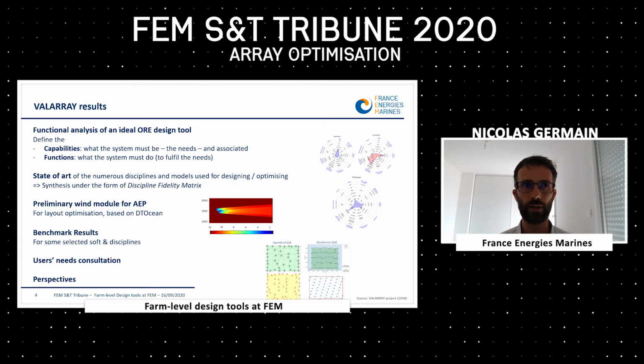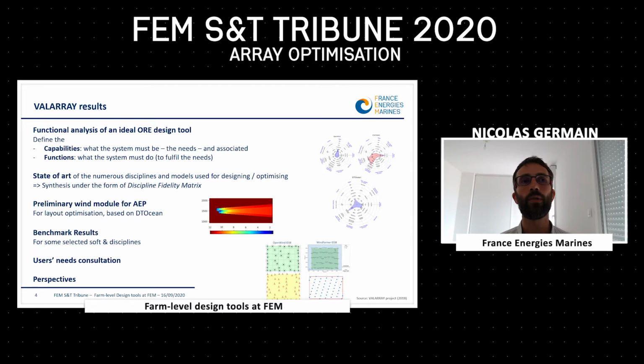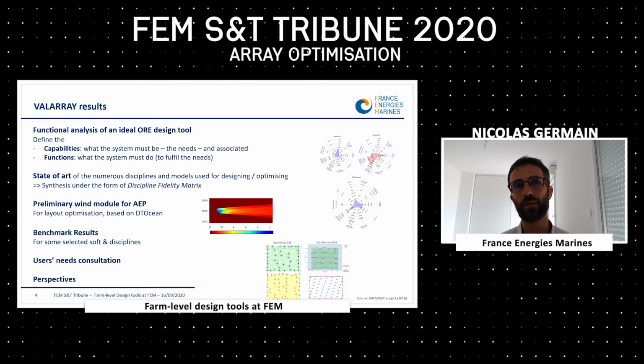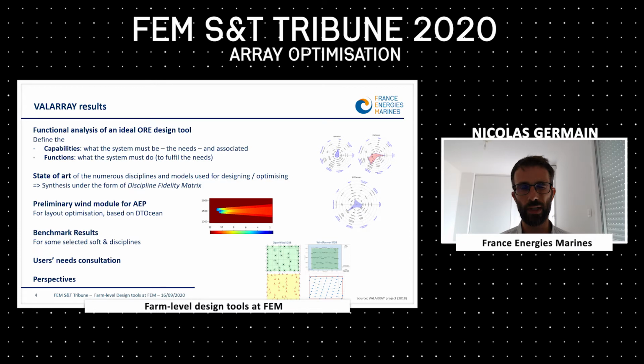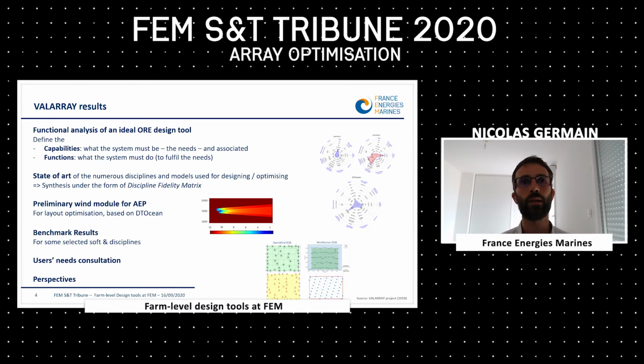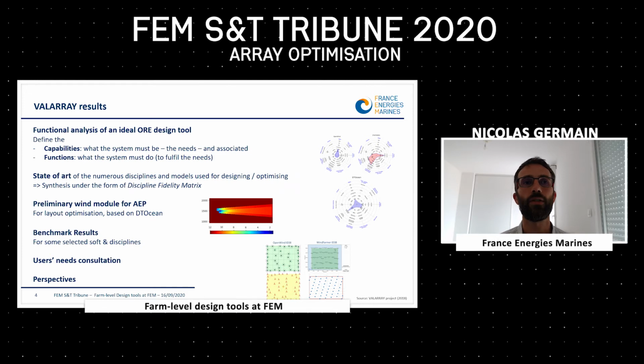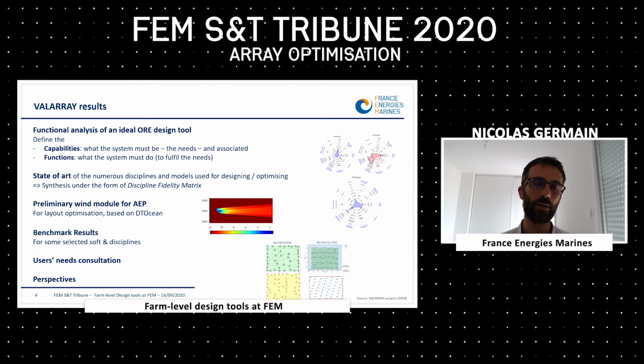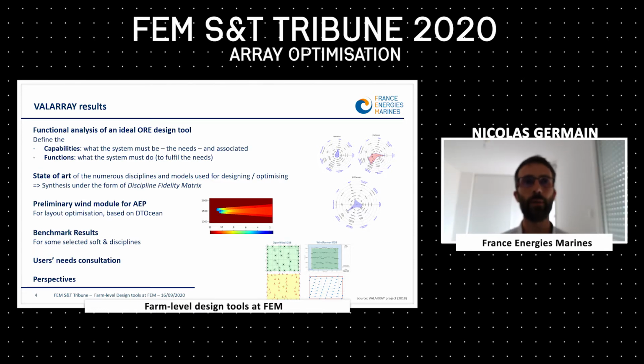We also developed our own AEP module based on Deterioration, which is a tool dedicated to ocean energy. We have used it for wind optimization, and this is what is shown in the center picture, the reddish one, some overlapping wakes.